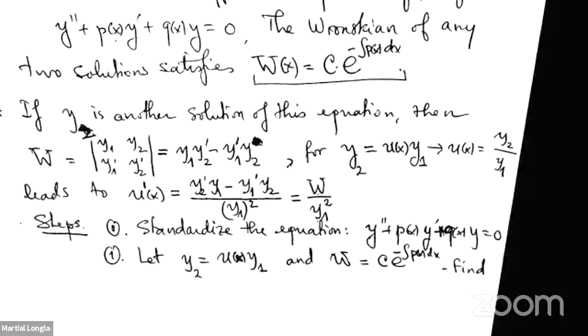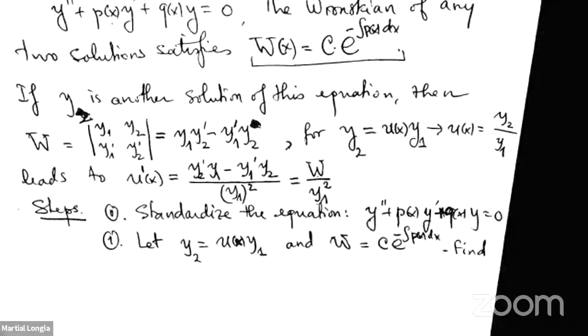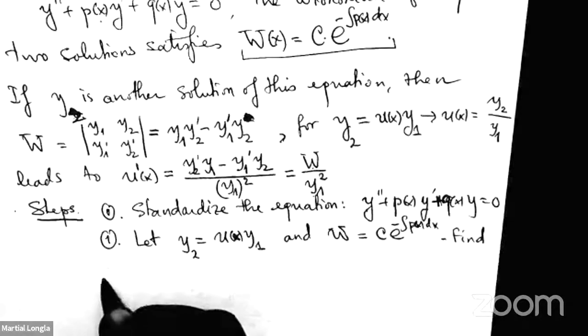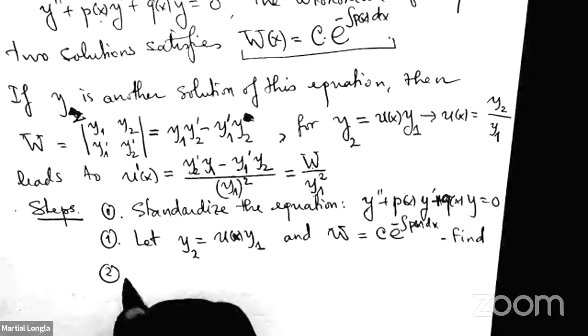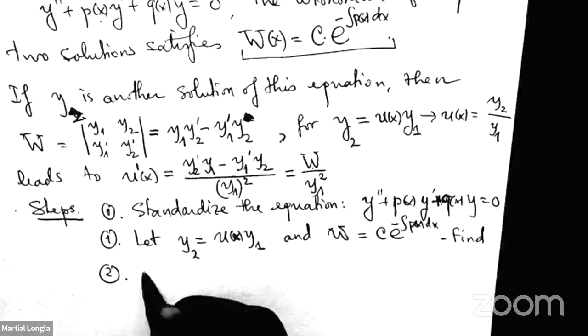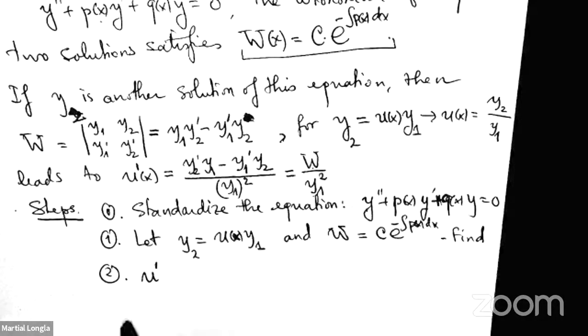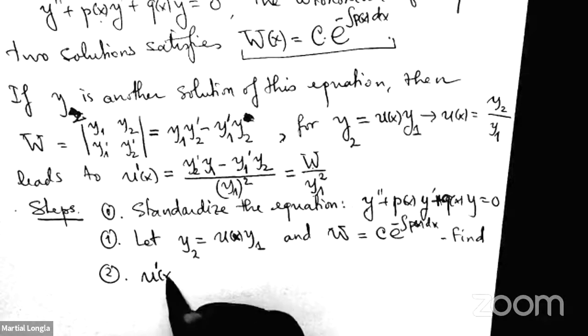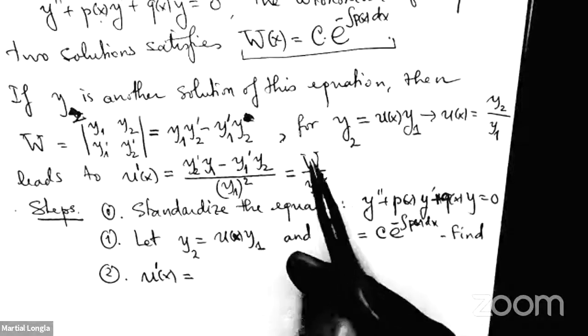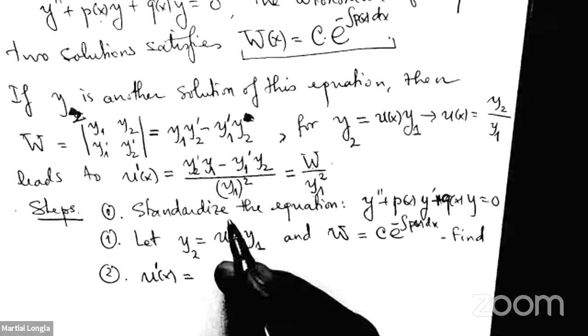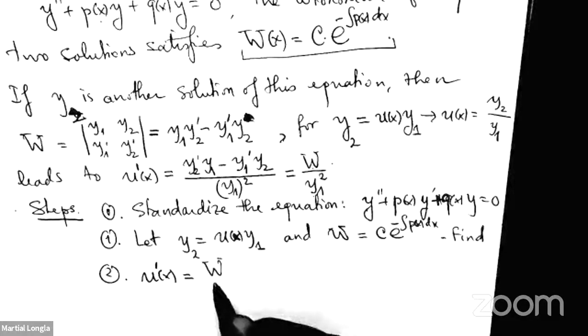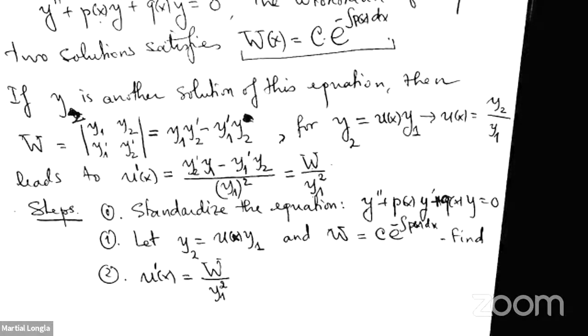So after finding w, the second thing you do is find u prime of x, as we just found here, w over y1 squared. So the w that you just found over the square of the given solution.